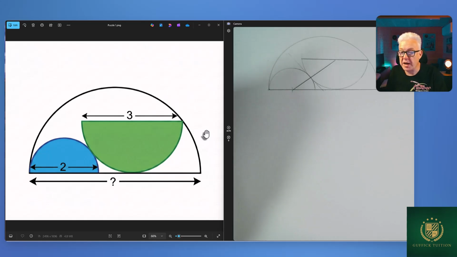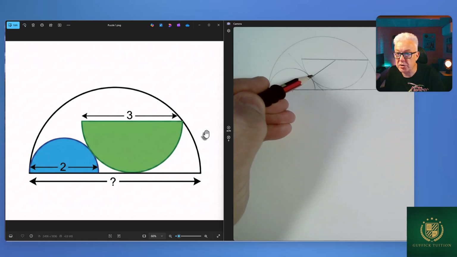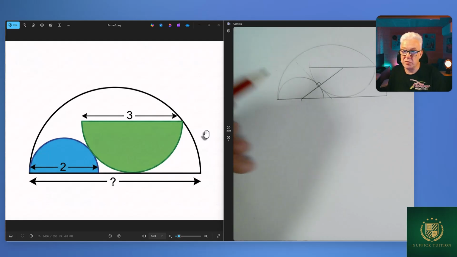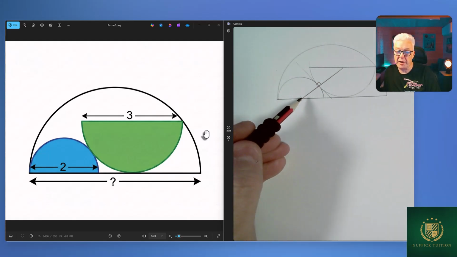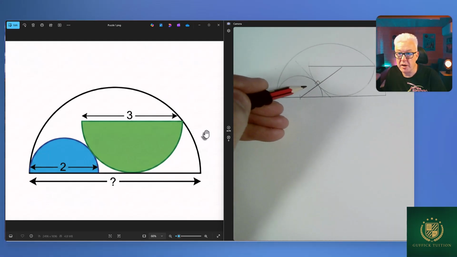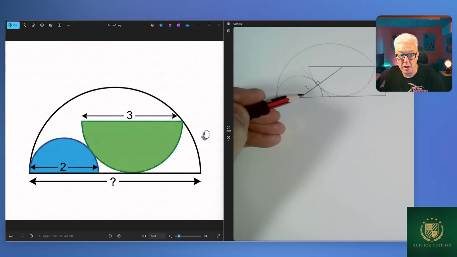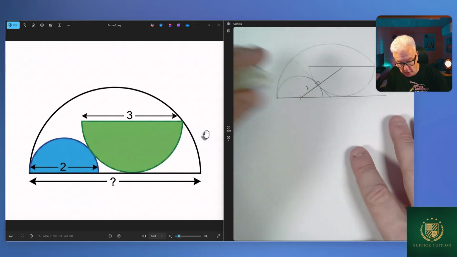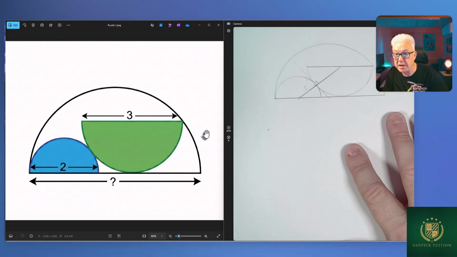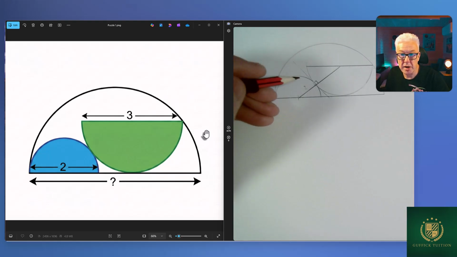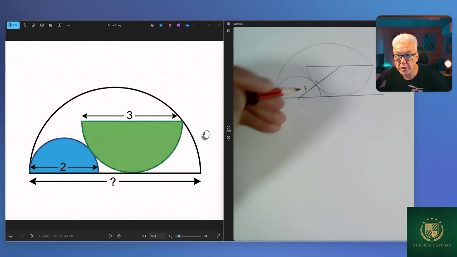And we know that a radius makes a 90-degree angle with a tangent, so that would be 90 and that would be 90, which means we can be sure that this is a straight line. And if we know that that's a straight line, then we know that that's going to be 2. No, we don't. We know that that's going to be 1 because it's going to be the radius of that circle. So we know that that is going to be 1 there.